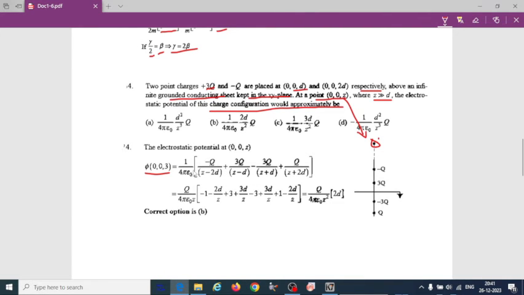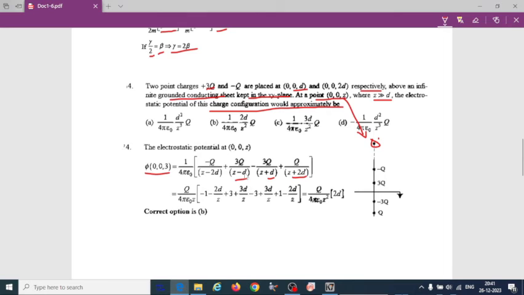Then we can write the potential at all these 4 point charges. Minus q divided by z minus 2d plus 3q divided by z minus d minus 3q divided by z plus d. Polarity is going to change, plus q divided by z plus 2d.